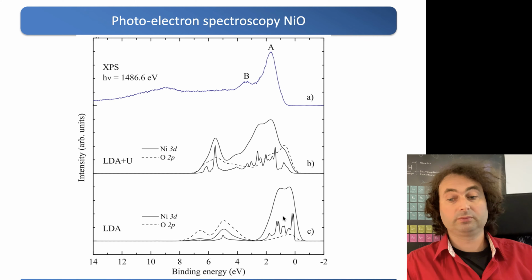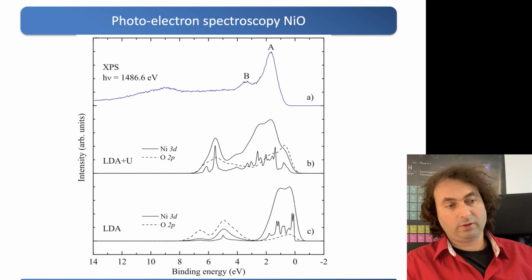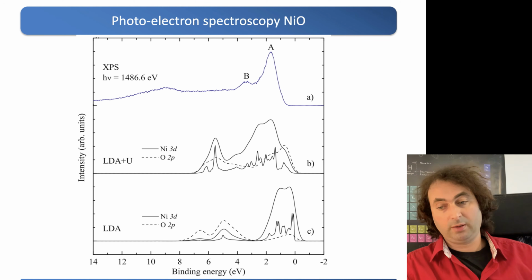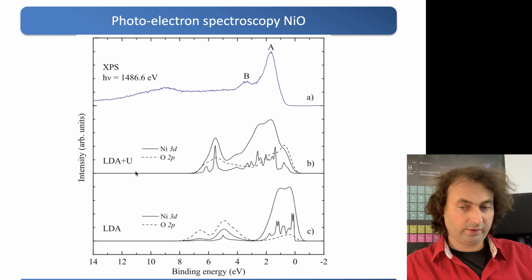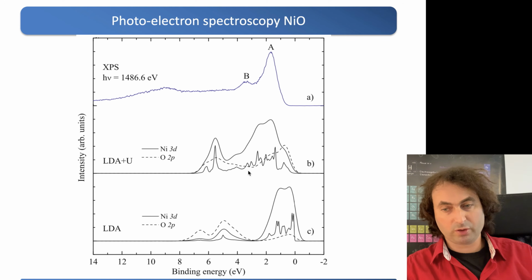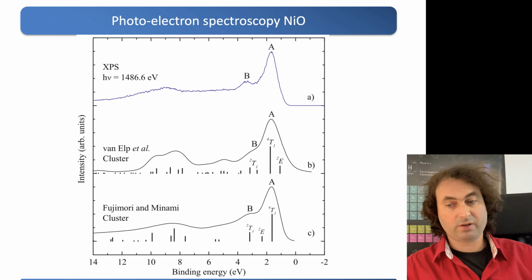So it doesn't really seem right. You can modify your functionals to make the system insulating. The LDA plus U is such a modified functional, but even that doesn't really improve the description of your system.